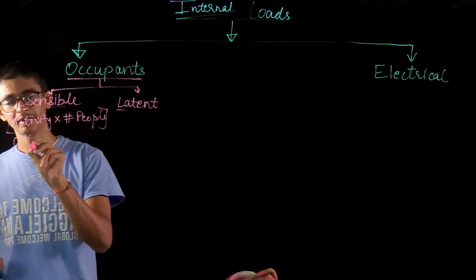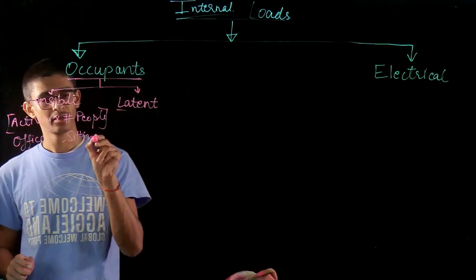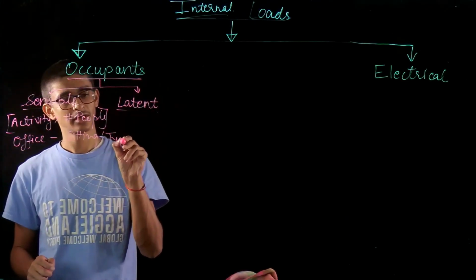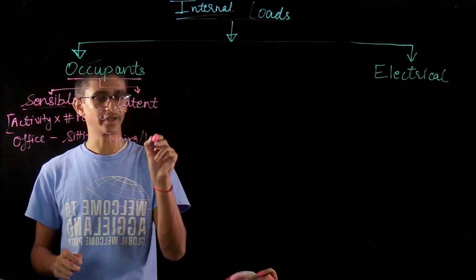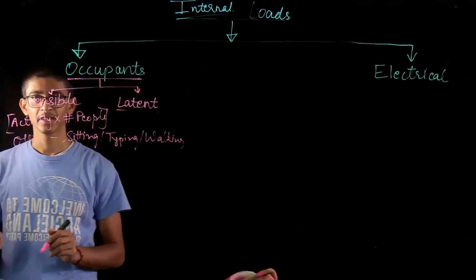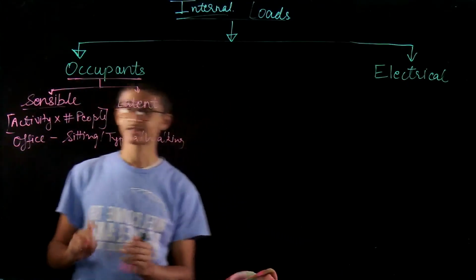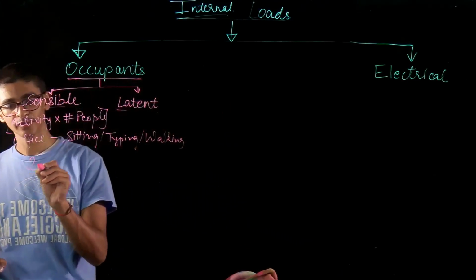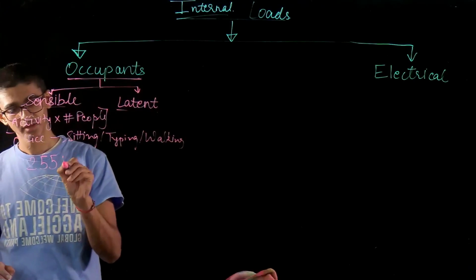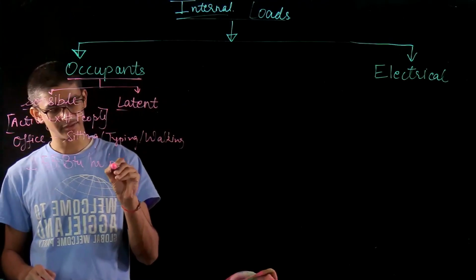For office building people who are just sitting, typing, maybe walking, speaking, the basic activities, the standard value for sensible heat load is 255 BTU per hour per person.